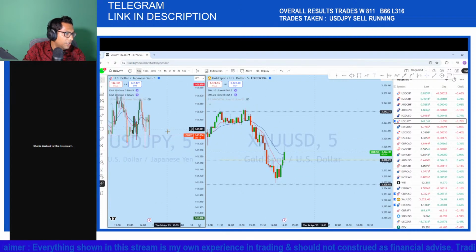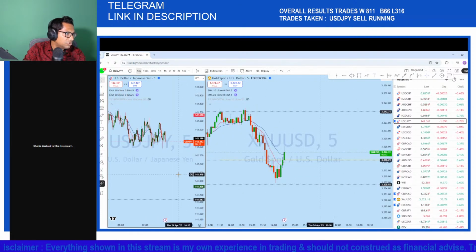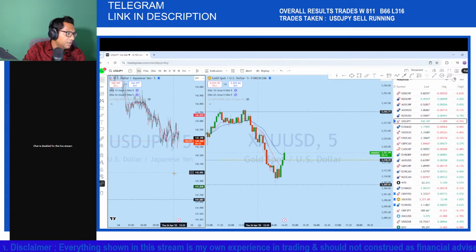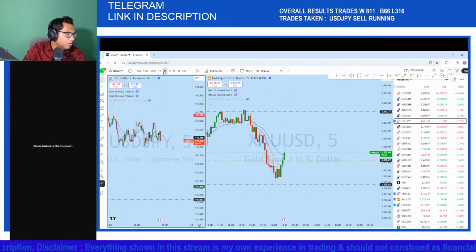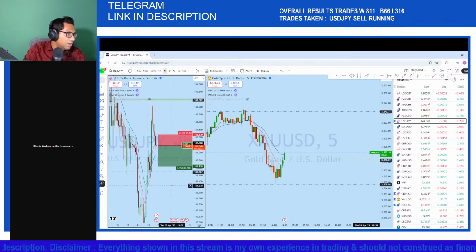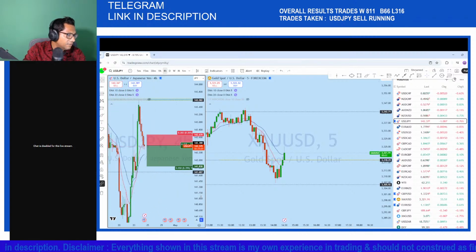Dollar yen, I'm holding it. We are still on the trade because it has consolidated here. So the possibility for dollar yen also to drop down is higher.